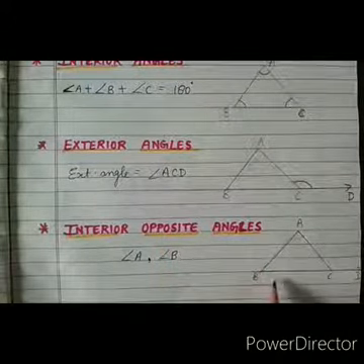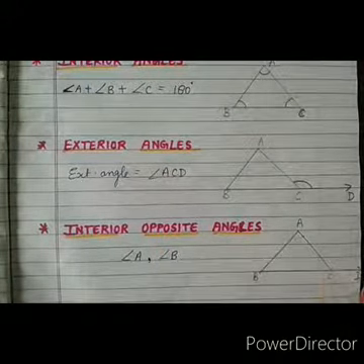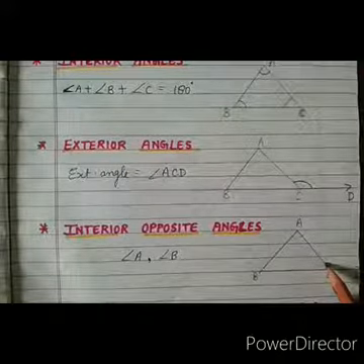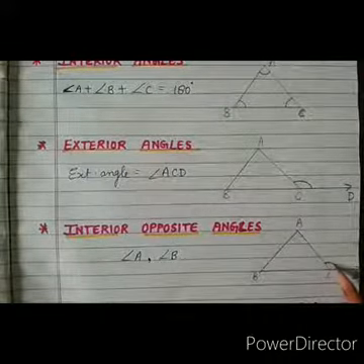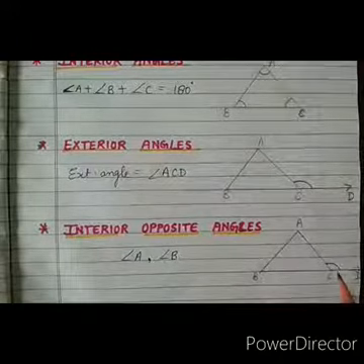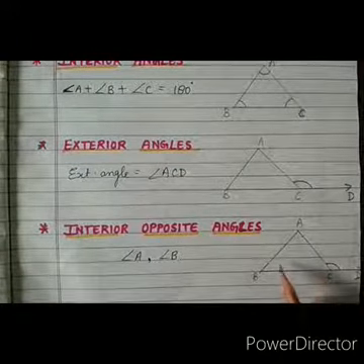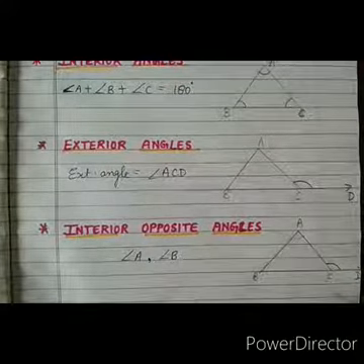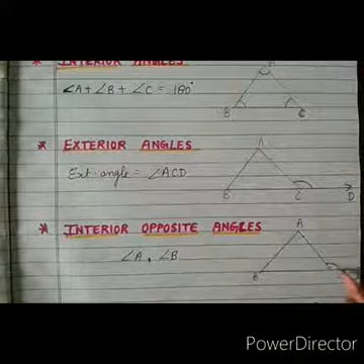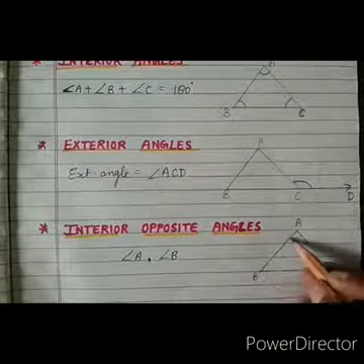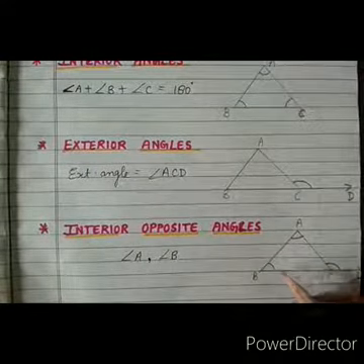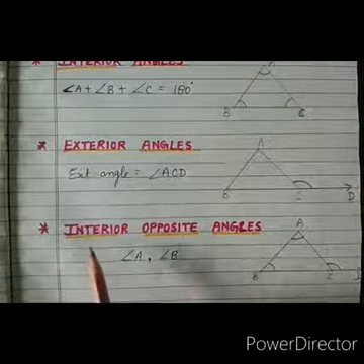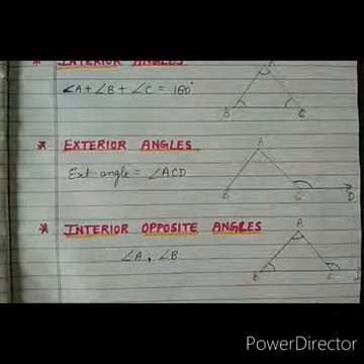When we produce any one side of a triangle and form an exterior angle, that is angle ACD, the angles opposite to the exterior angle are known as interior opposite angles. So here the angles opposite to angle ACD are angle A and angle B. So we can say that angle A and angle B are interior opposite angles.